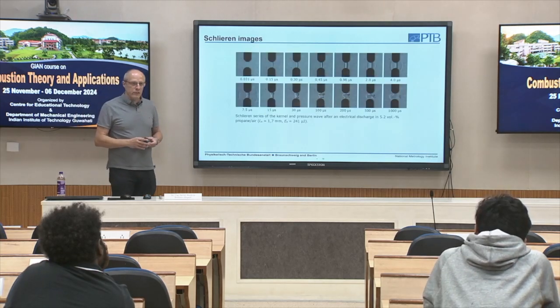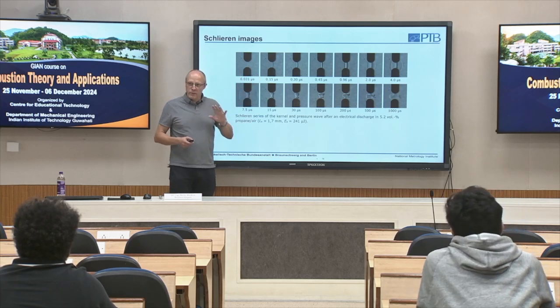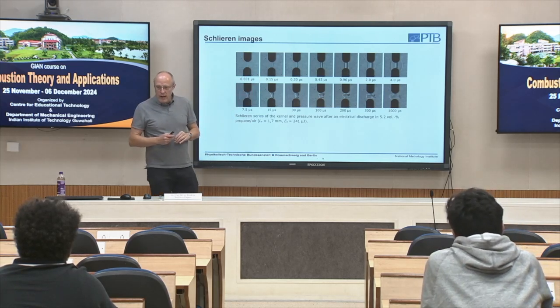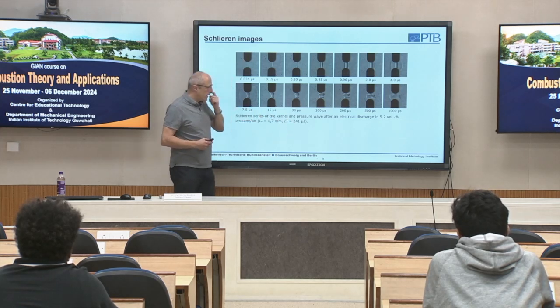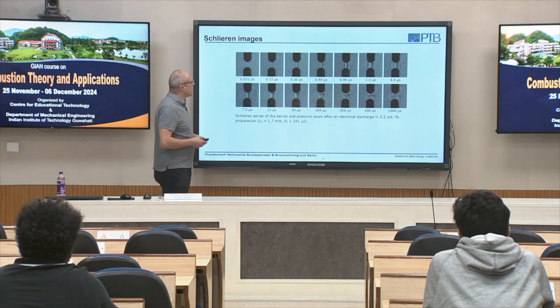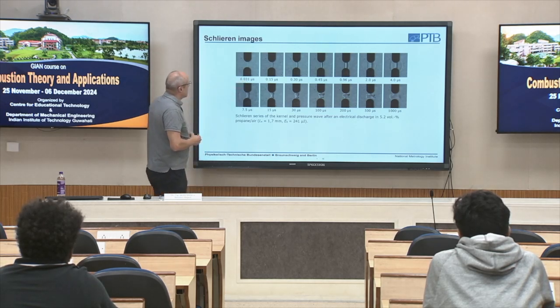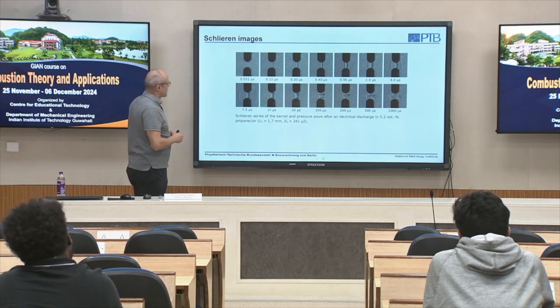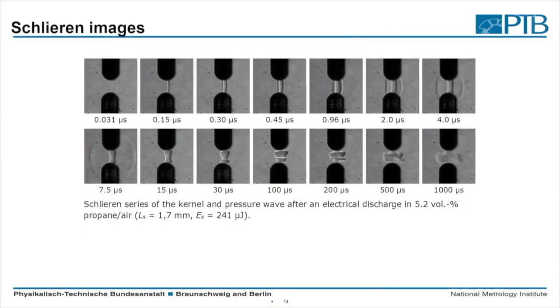So how does it look? Here we see a temporal series of one specific discharge in air. We have a distance here of 1.7 millimeter and a quite high energy corresponding to the minimum ignition energy of propane. Here, 31 nanoseconds after the beginning of the discharge, we see a hot region.